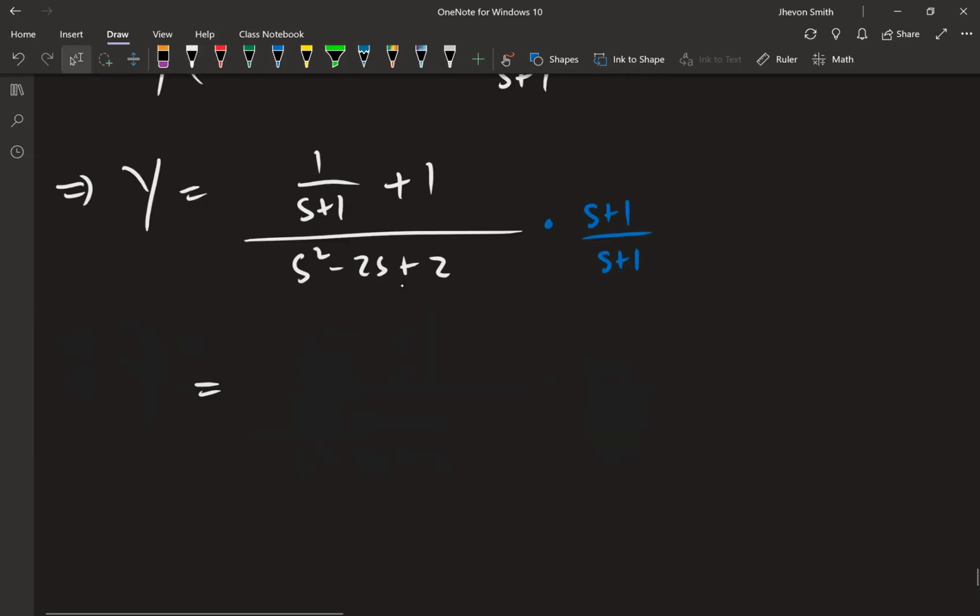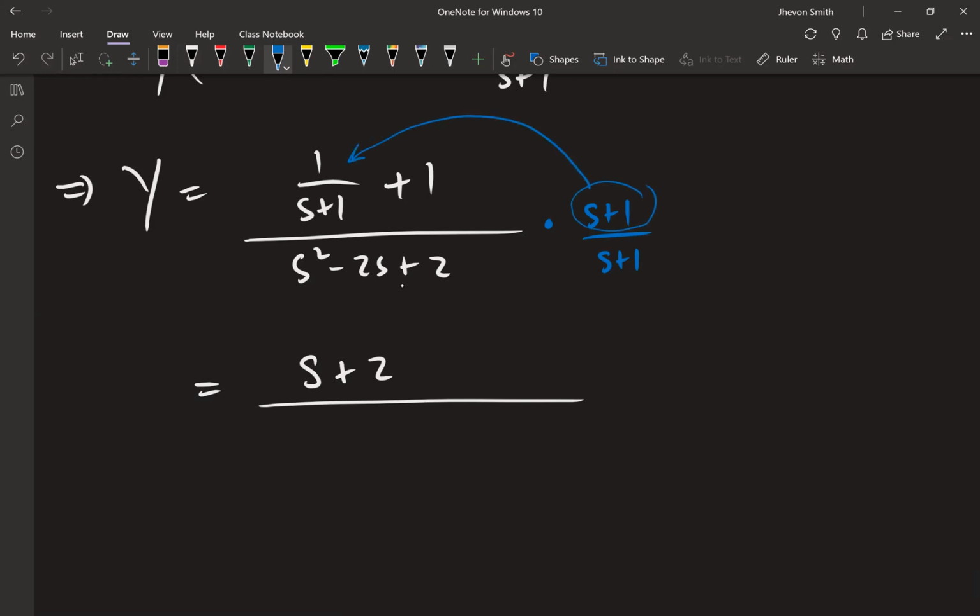And so this would be s plus 2. Right, because when I multiply, take this s plus 1, multiply that, I would get a 1. Multiply this, I get an s plus 1. So I get 1 plus s plus 1, so that's s plus 2.